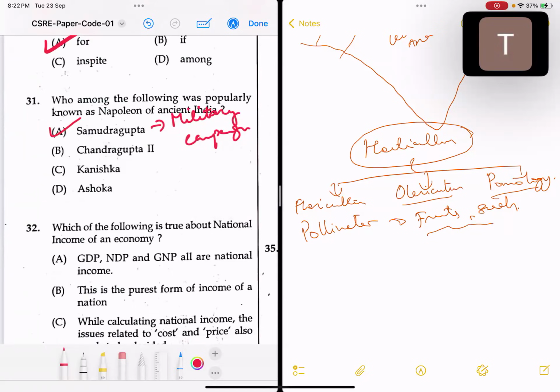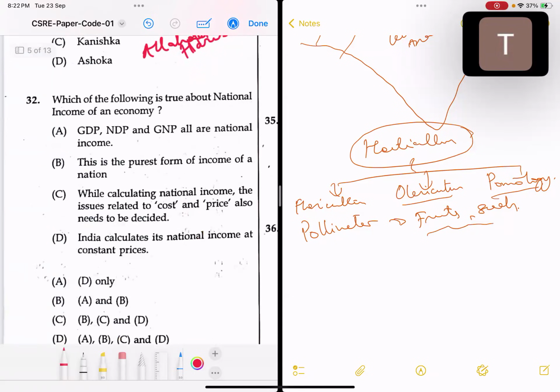Because of his military campaigns, he is often regarded as the Napoleon of ancient India, okay? And how do we know his military campaigns? It was because of the inscriptions in the Allahabad pillar, okay? And these inscriptions were made by Harisena. Okay, so Harisena was the court poet of Samudragupta.